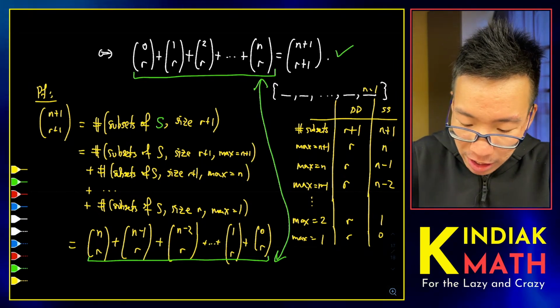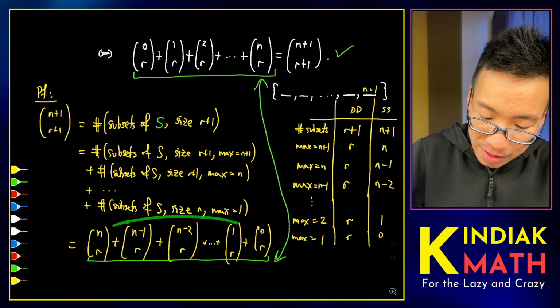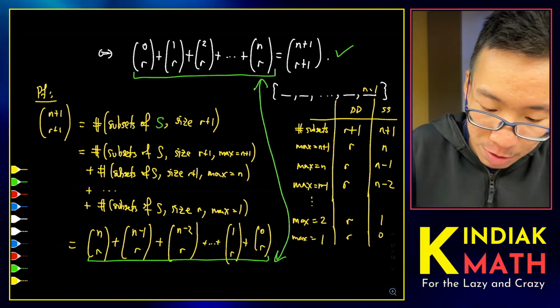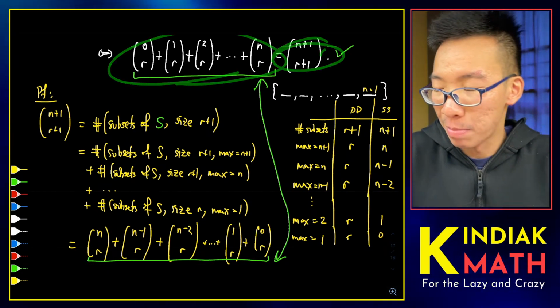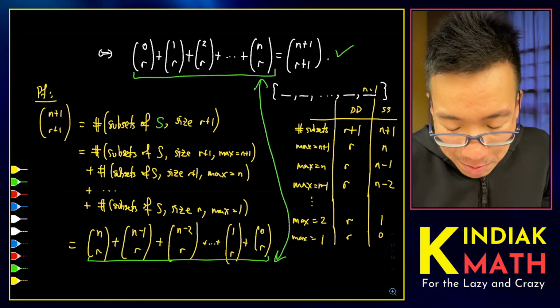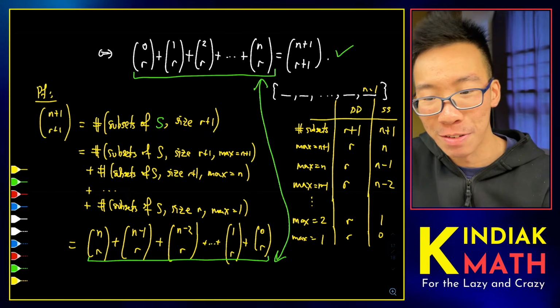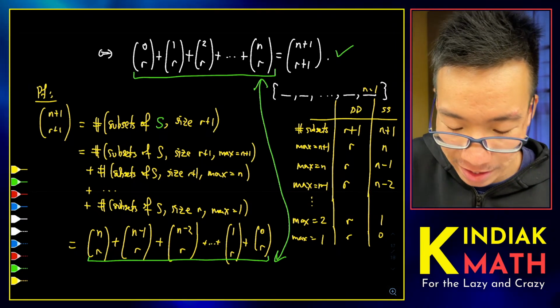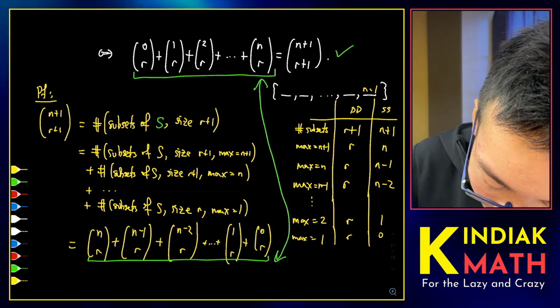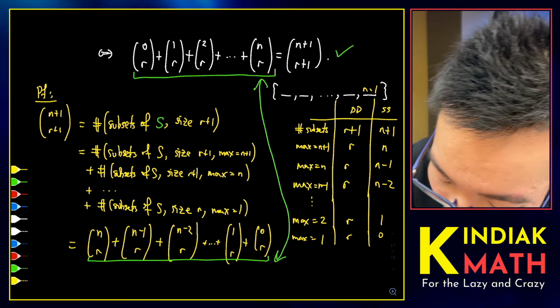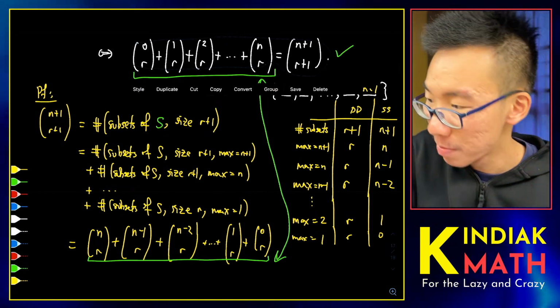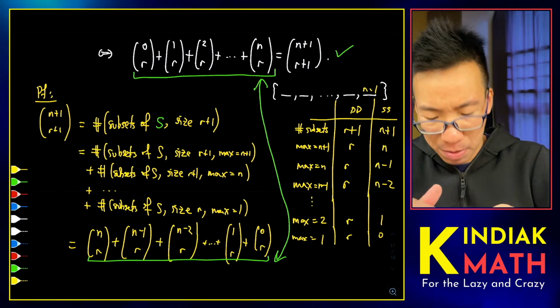And so when you break it down to the maximums, you're gonna get this expression. This expression is equal to n plus 1 choose r plus 1. So there is almost like an Olympiad level kind of thinking needed for these kinds of problems. I find myself rather weak at problems of this nature, but that's just my personal weakness.